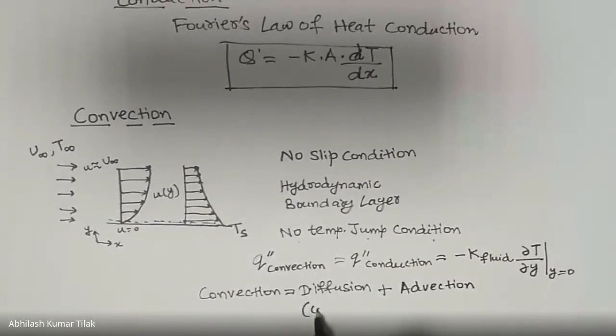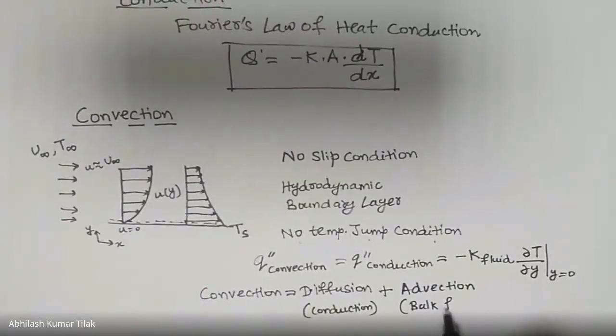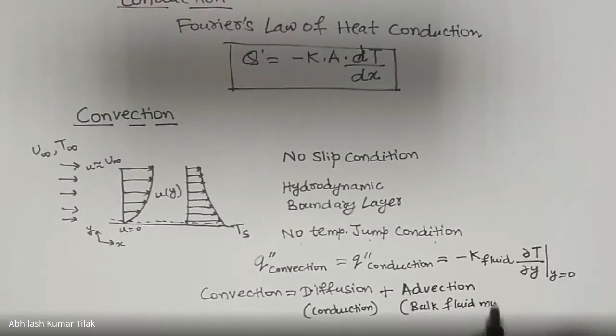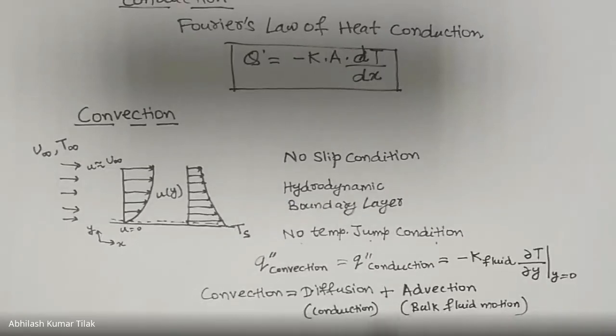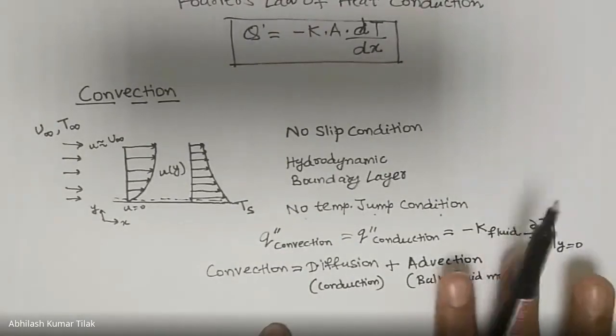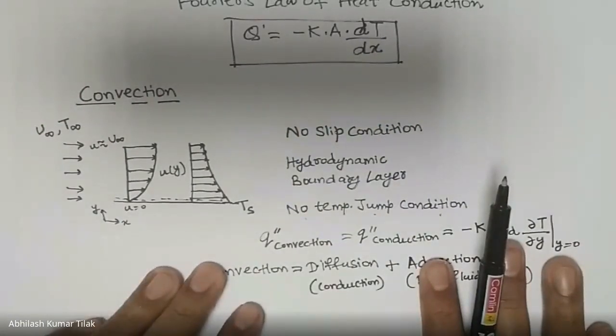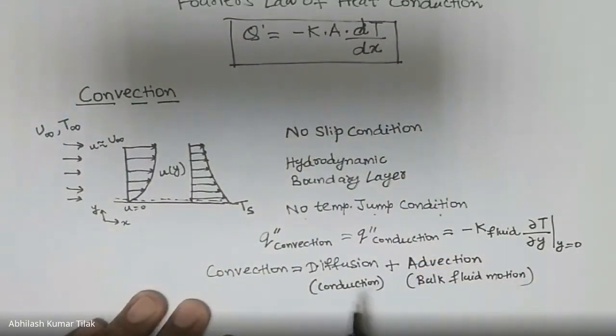Diffusion means the conduction, advection means the bulk fluid motion. So convection is a two-process phenomenon, diffusion plus advection. If there is no advection, then the heat transfer is only due to conduction. It is not a convection process. Unless both of these are combined, we cannot say the heat transfer process is a convective process.